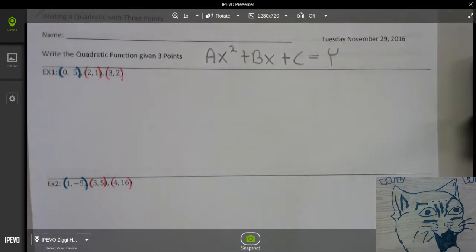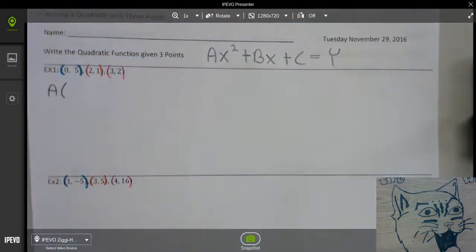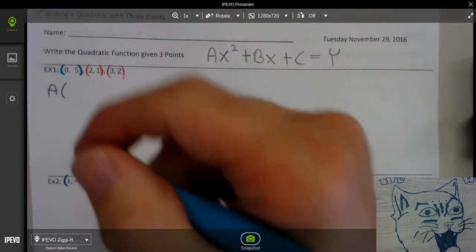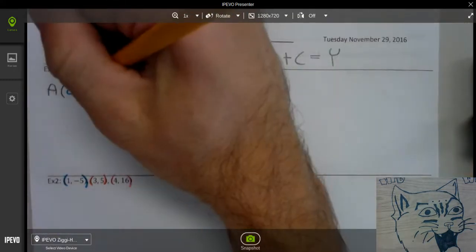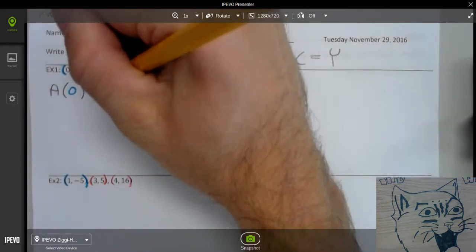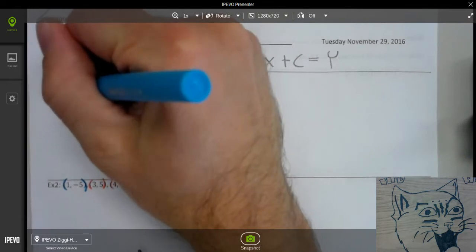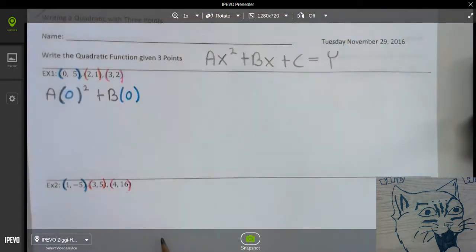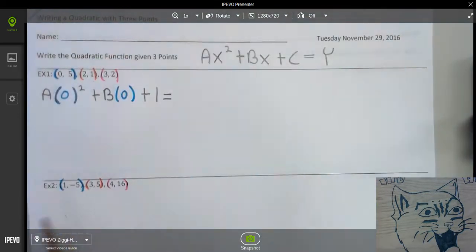So step 1, we do a times 0 squared plus b times 0 plus 1 equals 5.